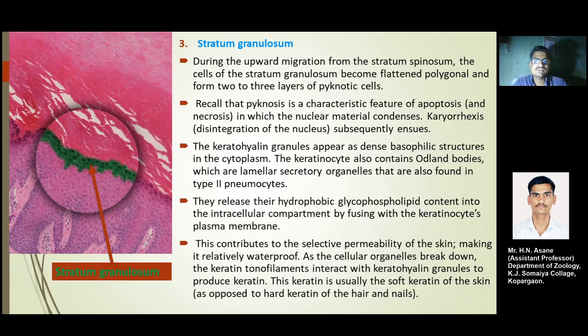Pyknosis is a characteristic feature of apoptosis, and apoptosis means cell death. So these pyknotic cells are the characteristic features of apoptosis and necrosis, in which the nuclear material condenses in the keratinocytes.